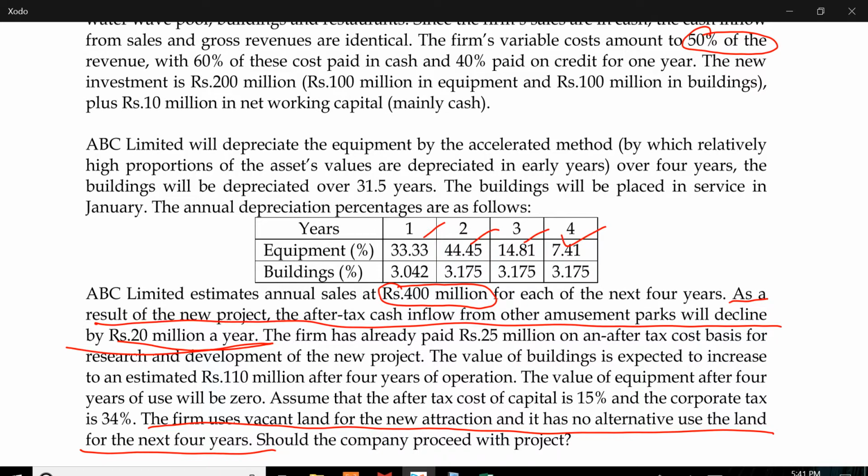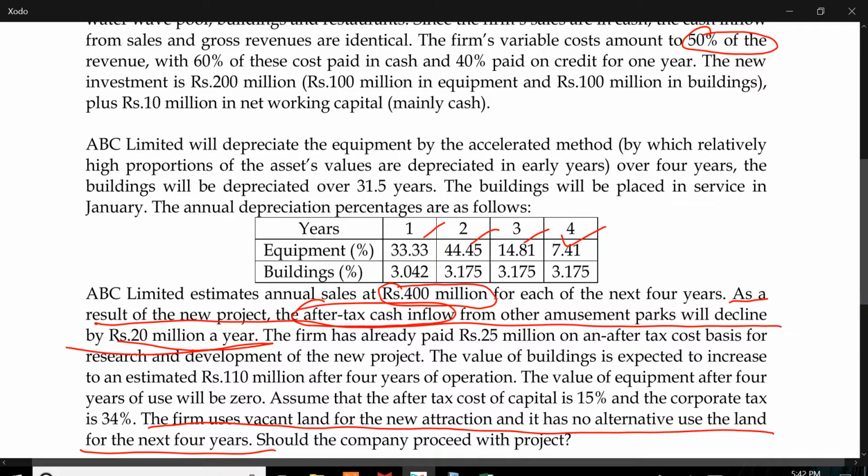Assume they say that I'm going to open one more in some other part of Chennai. Some of the people who were traveling till Queensland may say that this one is anyway nearer to us, so we will go to this Queensland rather than the other one. So the revenues of the other amusement park is going to come down.